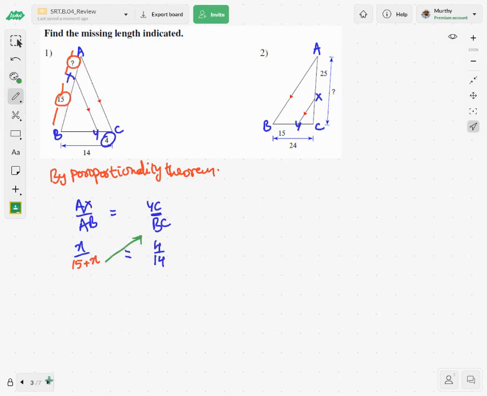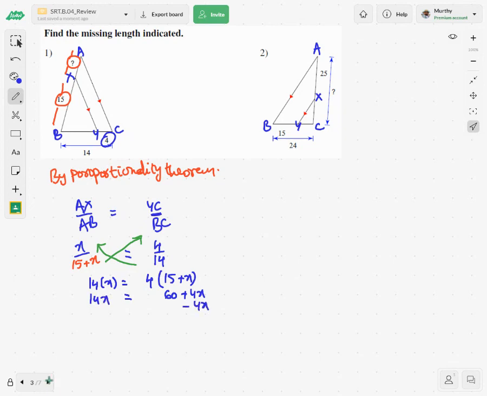So 14 times X equals 4 times (15 plus X). 4 times 15, 4 times X. 14X.